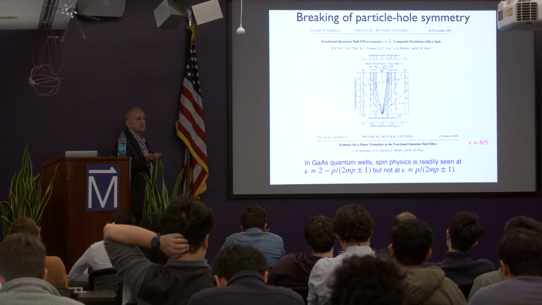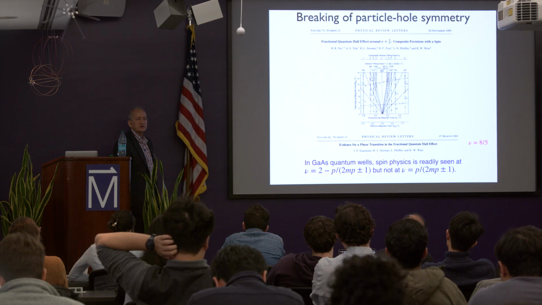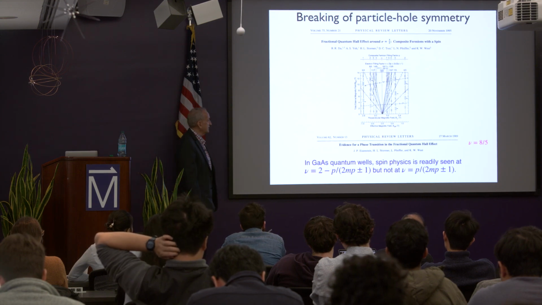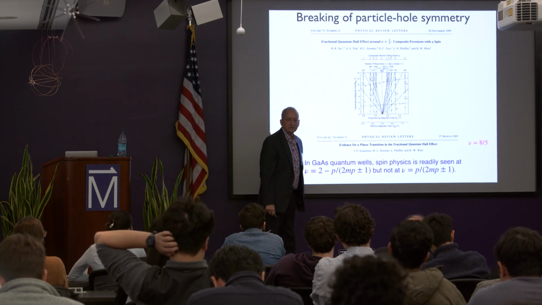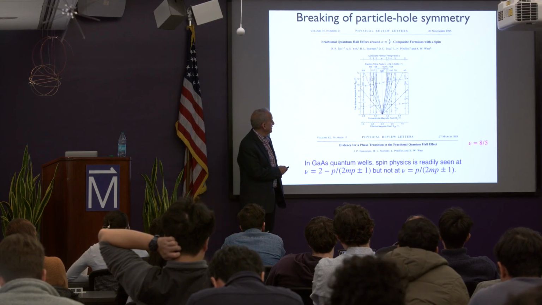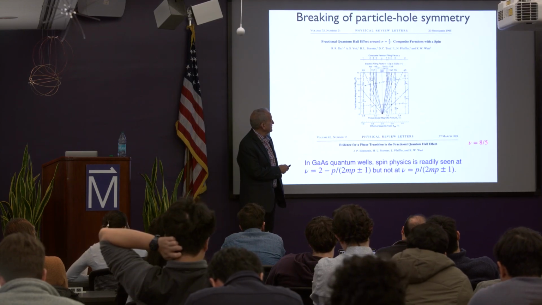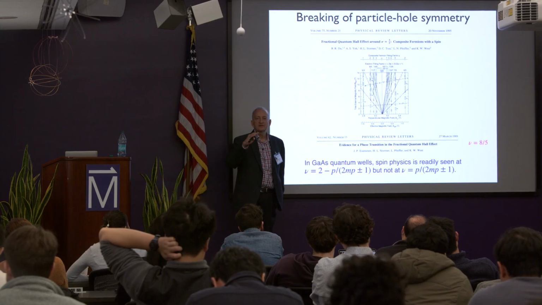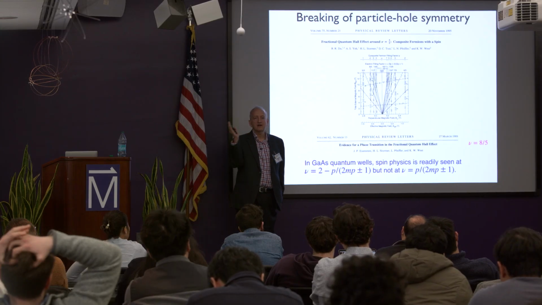Because the question of particle-hole symmetry came up, there is also a lack of particle-hole symmetry in these experiments. For example, a lot of experiments have seen spin physics in the vicinity of 3/2.